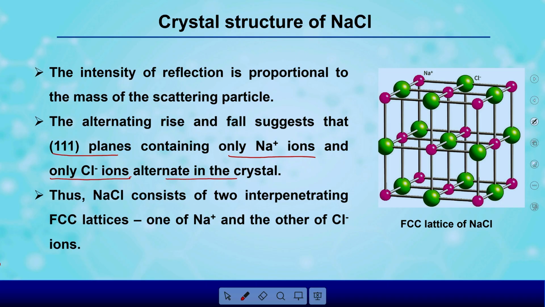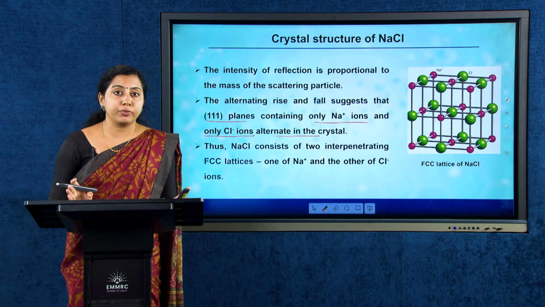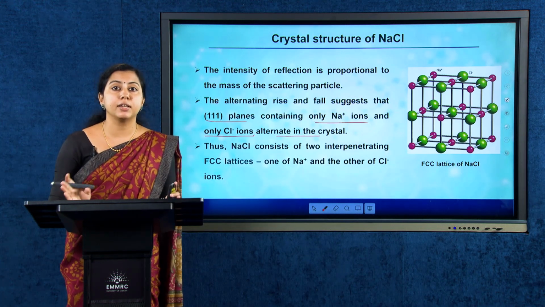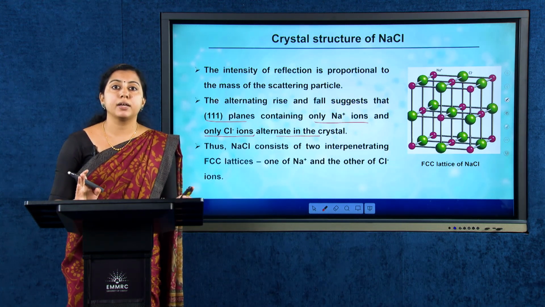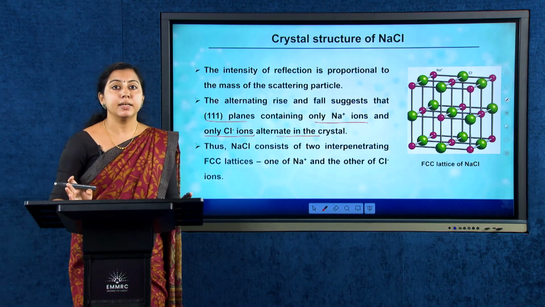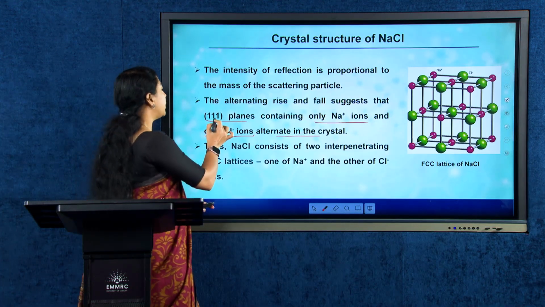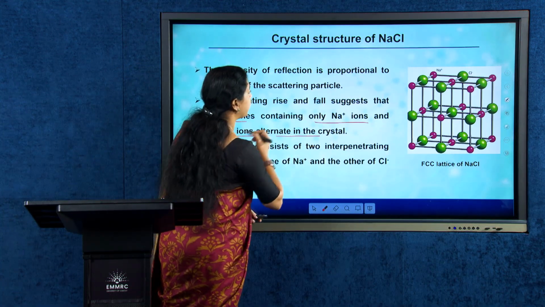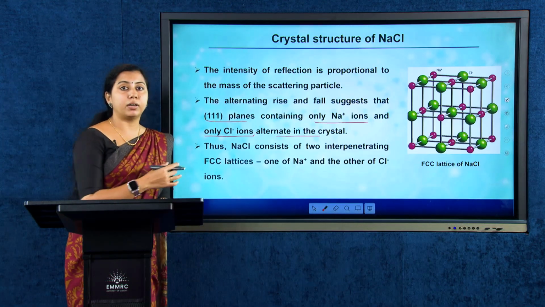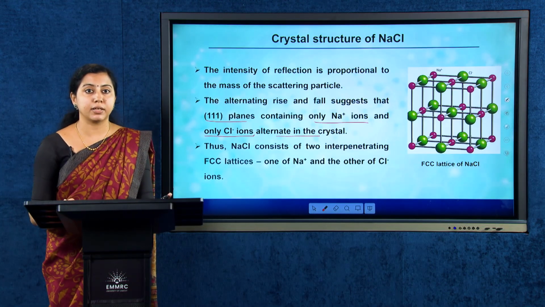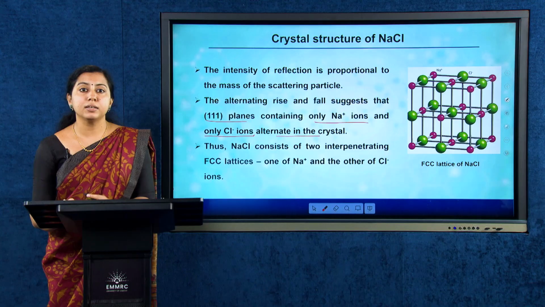This alternate rise and fall in the intensity suggests 111 planes containing only Na plus ions and 111 planes containing only Cl minus ions, alternating in the crystal.